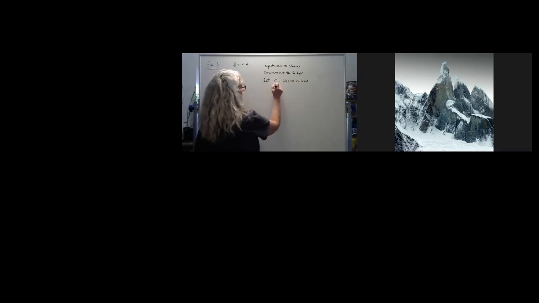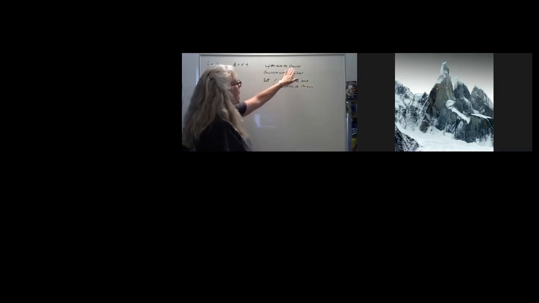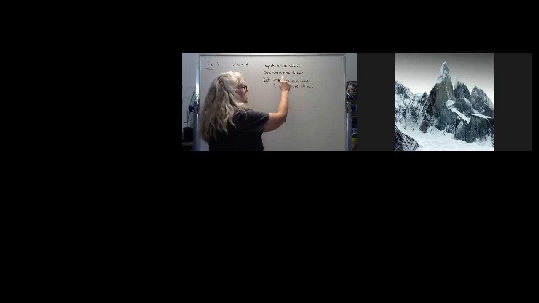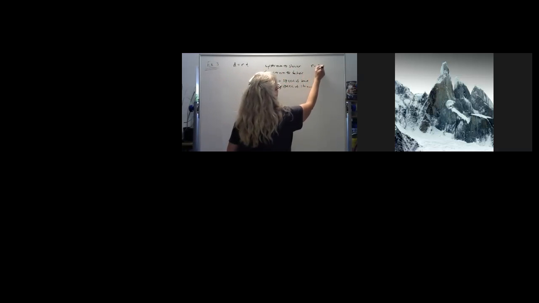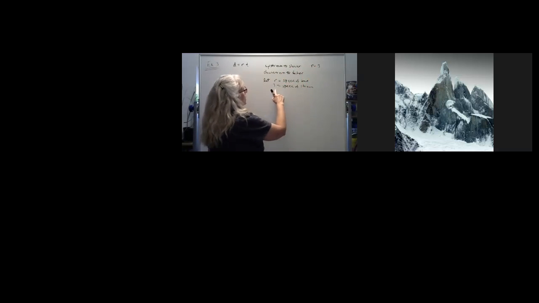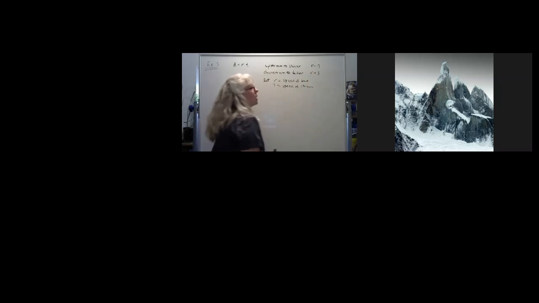So 3 is the speed of the current. If I'm going upstream, the stream is slowing me down by 3 miles an hour, so that would be R minus 3. If I'm going downstream, that's pushing me along by that 3 miles per hour, so that speed would be R plus 3.